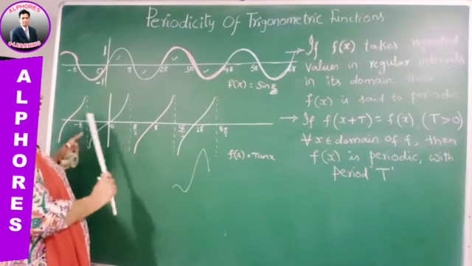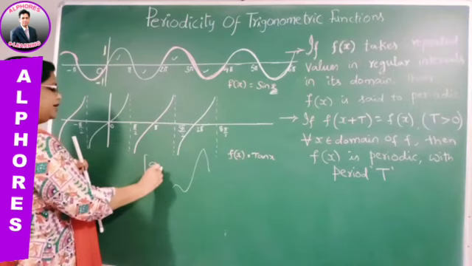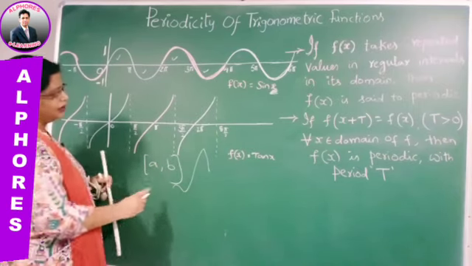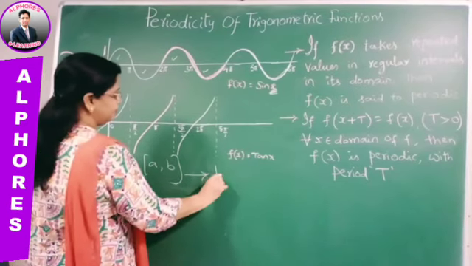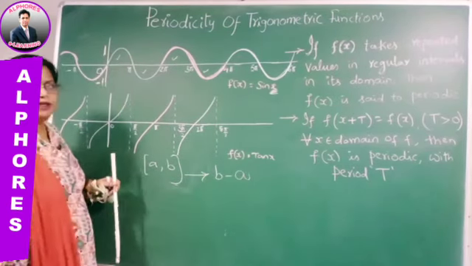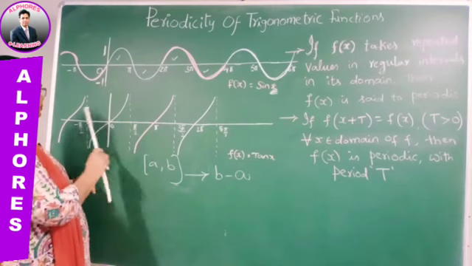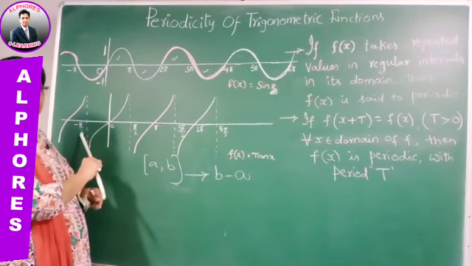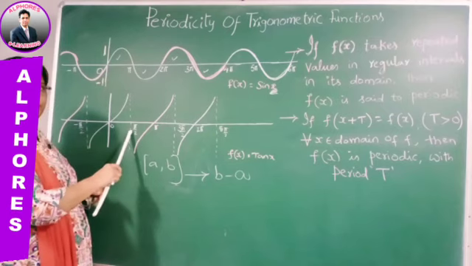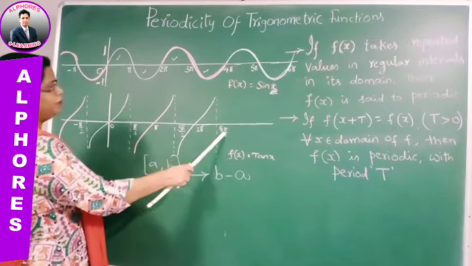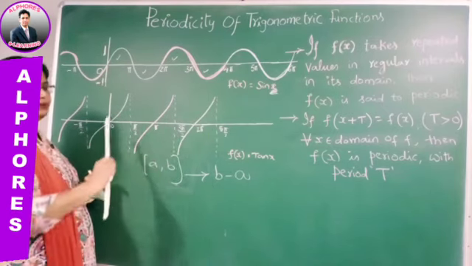Whenever you are taking an interval a comma b, the length of the interval is b minus a. So pi by 2 minus of minus pi by 2 is pi, and next 3 pi by 2 minus pi by 2 is again pi. 5 pi by 2 minus 3 pi by 2 is pi.